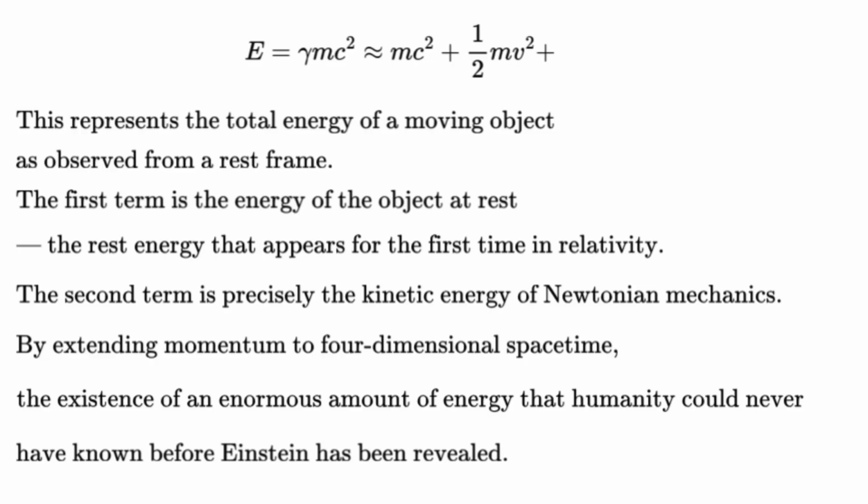This represents the total energy of a moving object as observed from a rest frame. The first term is the energy of the object at rest, the rest energy that appears for the first time in relativity. The second term is precisely the kinetic energy of Newtonian mechanics. By extending momentum to four-dimensional spacetime, the existence of an enormous amount of energy that humanity could never have known before Einstein has been revealed.